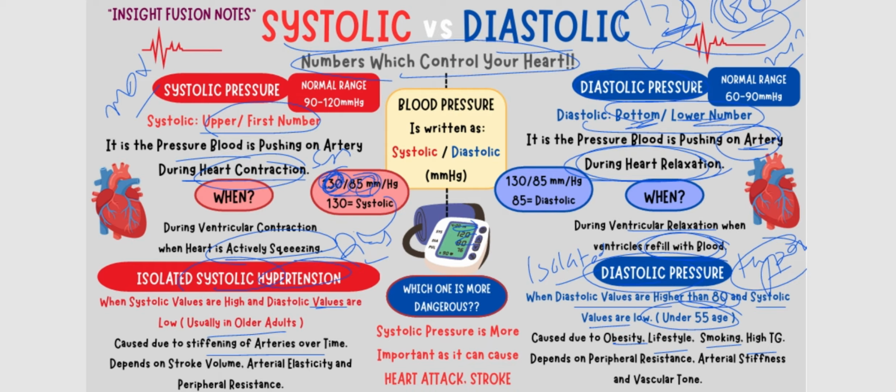Now, the last two things we will discuss, and then we will end this video. Systolic pressure depends on stroke volume, arterial elasticity, and peripheral resistance. When there is an increase in blood, there will be more pressure, so the more the stroke volume, the more the pressure will increase.